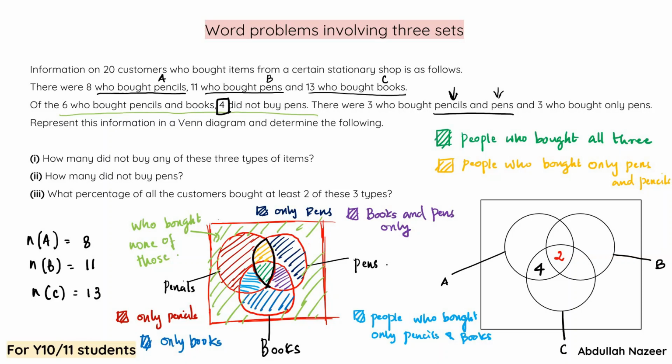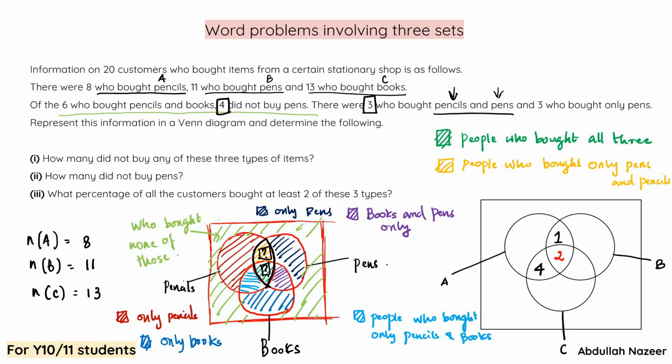So this 3 talks about the total that will fall into this region and this region, the yellow region and the dark green region. But we already know the dark green region is 2, which means the yellow region has to be 3 minus 2, which is 1.